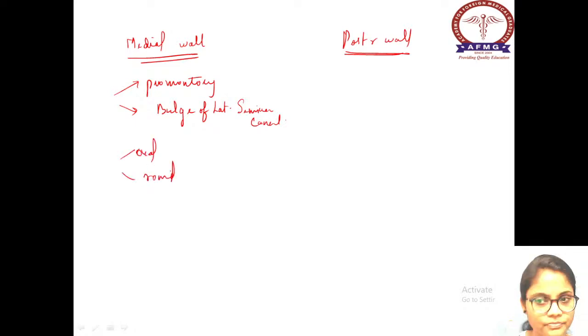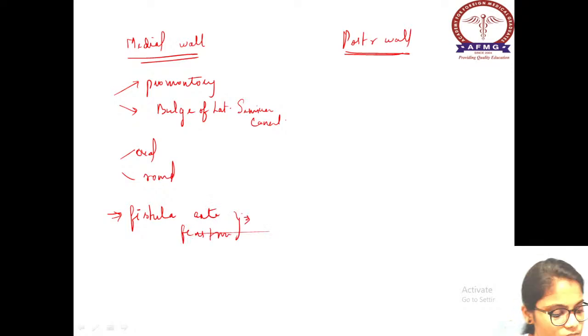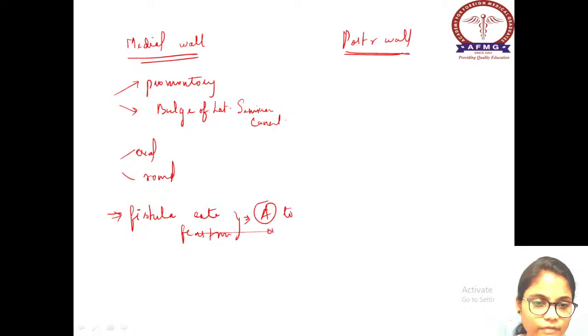One more thing you have to remember is the fistula antefenestram. Fistula antefenestram is present in the medial wall, anterior to the oval window. That is also an important point to remember.